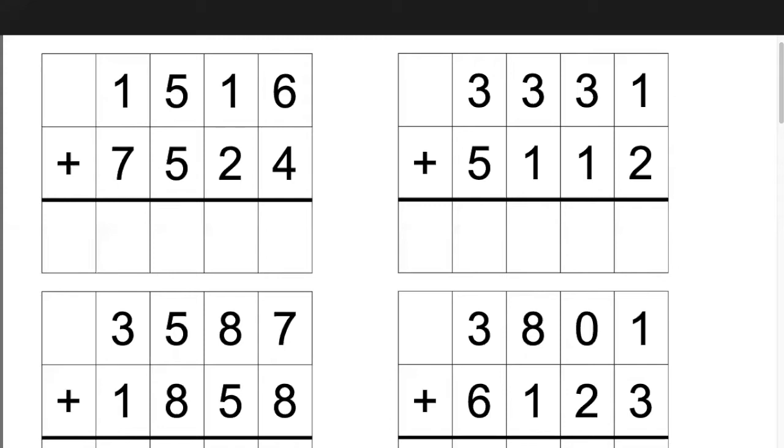I'm going to share my screen. And we're going to choose the first math problem. We're going to choose the one that says 1,000, 5 100s, 1 10, and 6 ones, plus 7,000, 5 100s, 2 10s, and 4 ones.